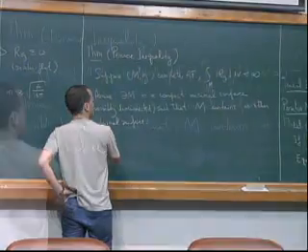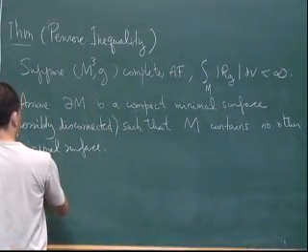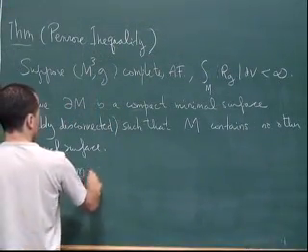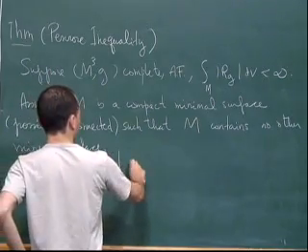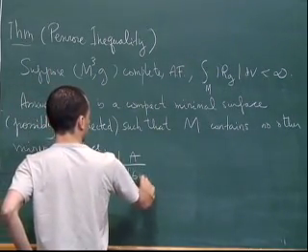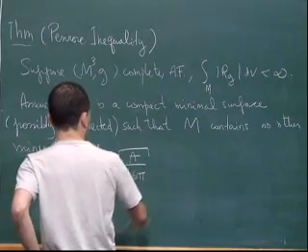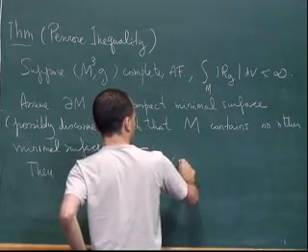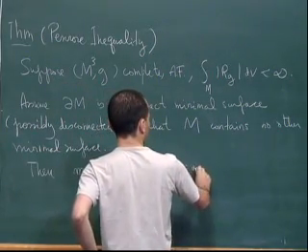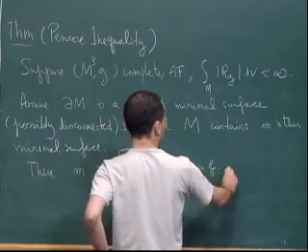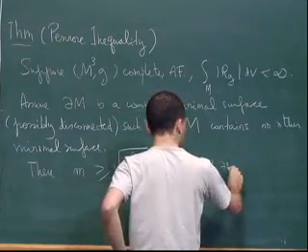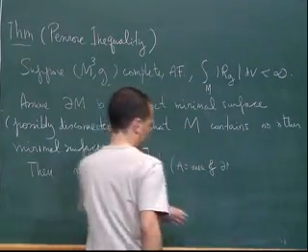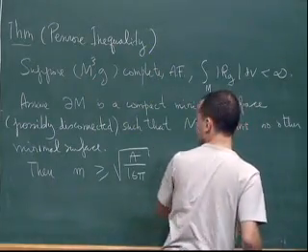Okay, then the mass is at least the square root of the area divided by 16 pi, where A here is the area of the boundary. Sorry, it's not really the area of the boundary.